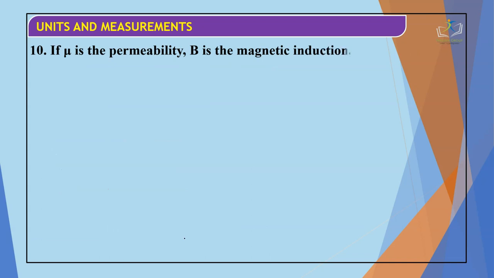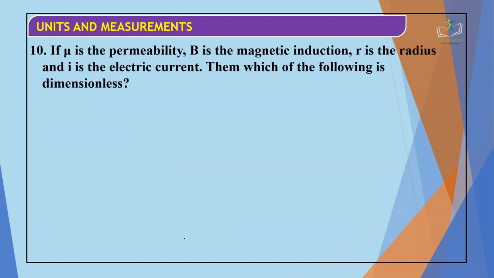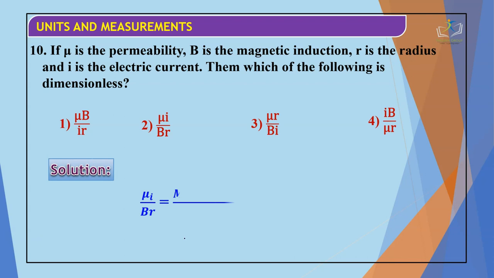If mu is the permeability, B is the magnetic induction, R is the radius and I is the electric current, then which of the following is dimensionless? From here, I'll check one by one. For a systematic way, we just put the value of mu.